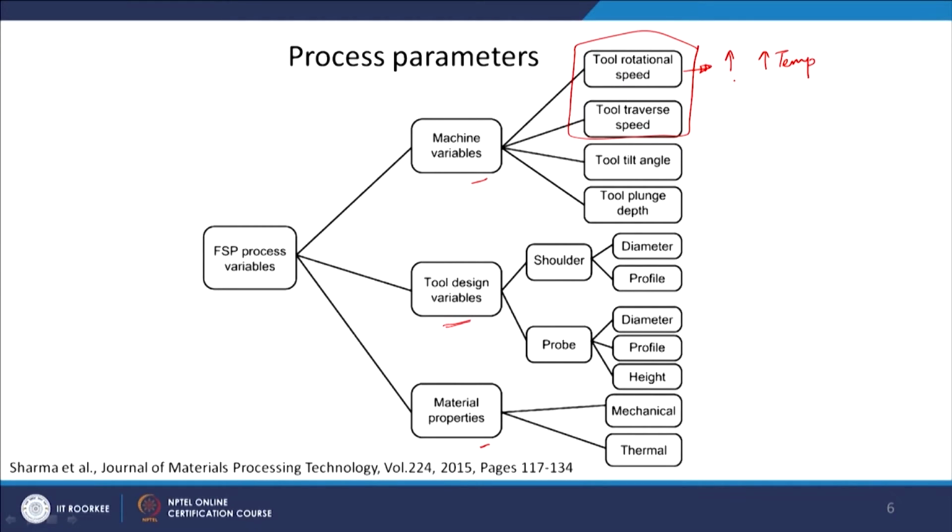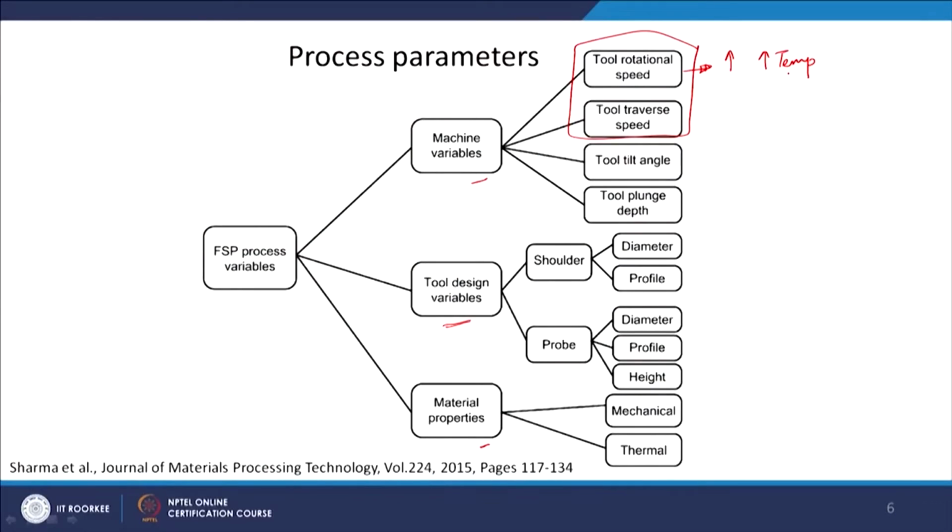Of course, there is a self limit here; you cannot have a monotonic increase in the temperature. After some time, the temperature will be so high that the material close to the pin surface will be in a molten condition and there is no transfer of power from the tool to the material. If localized heating takes place, you cannot add heat to the material. So, it is a self limiting process.